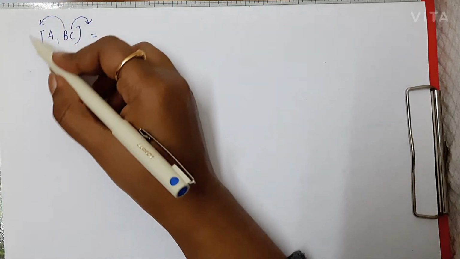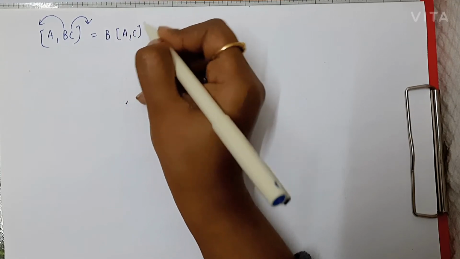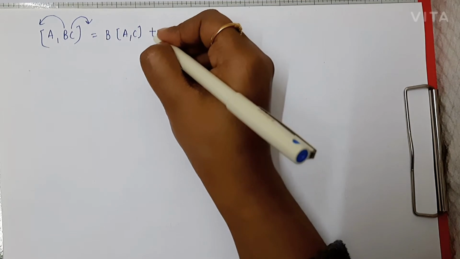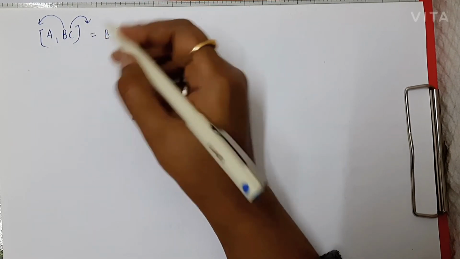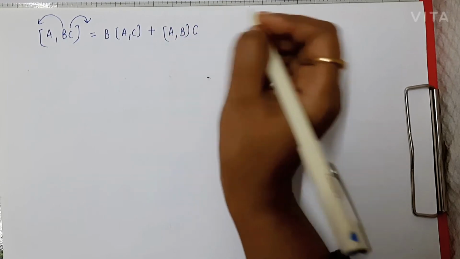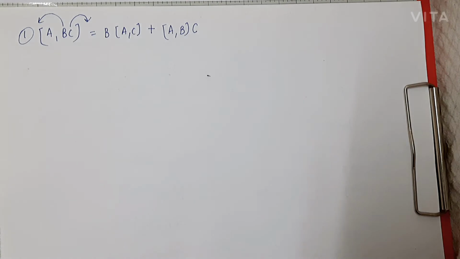So first I will take out B to the left hand side, and A and C will remain here, right? And then plus sign. Now C will come to the right hand side, so onto the left hand side will be left with A and B, and C will come onto the right hand side. So this is the first property which you need to learn.